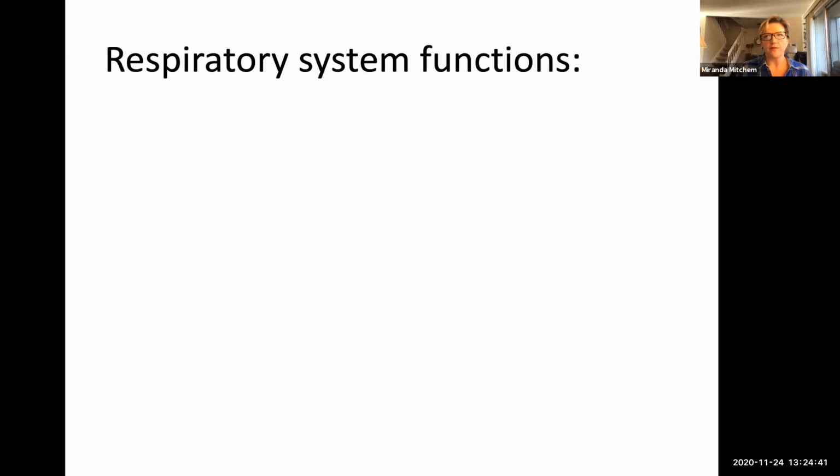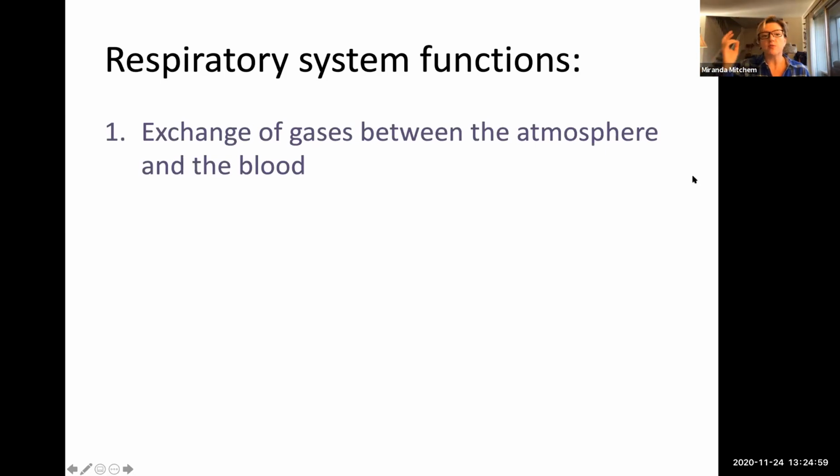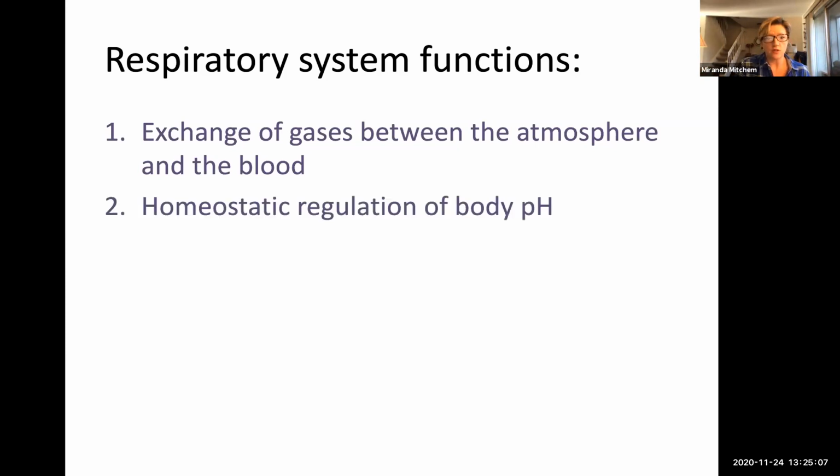So when we think about the functions of the respiratory system, sure, we think about breathing, but let's also highlight some of the other functions that are dependent upon the respiratory system. So yes, we do have the exchange of the respiratory gases between the atmosphere and our blood, so gas exchange.